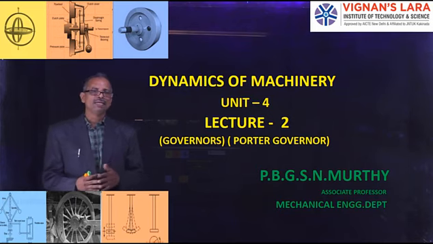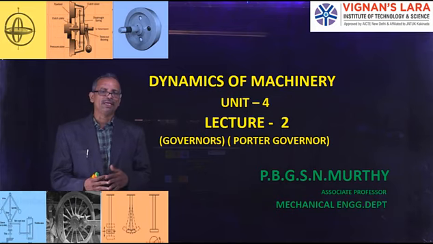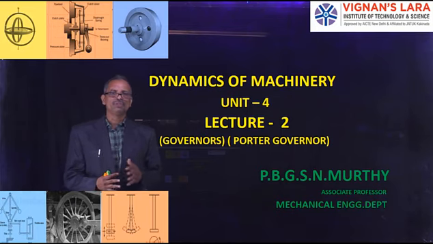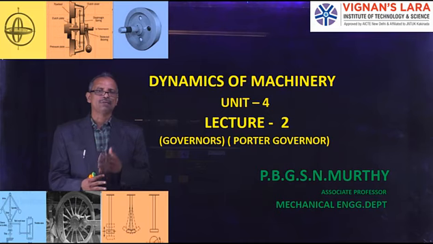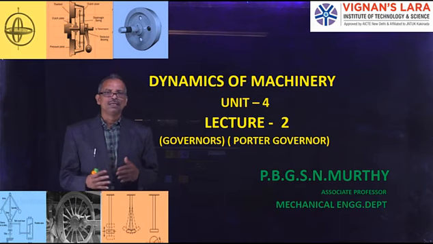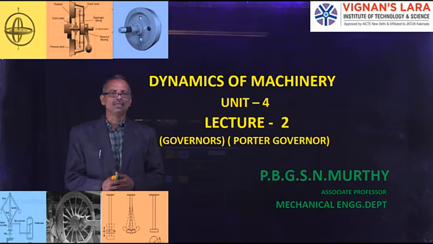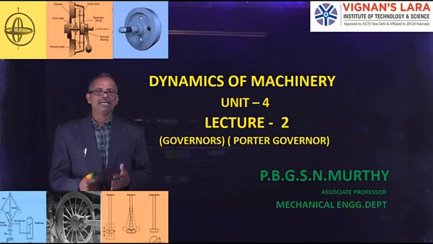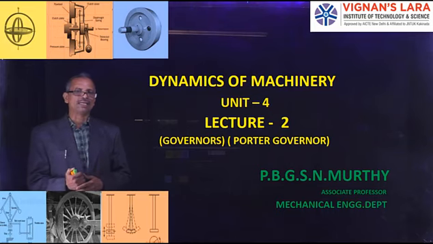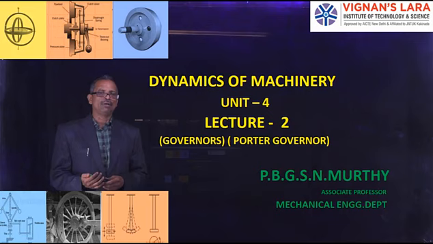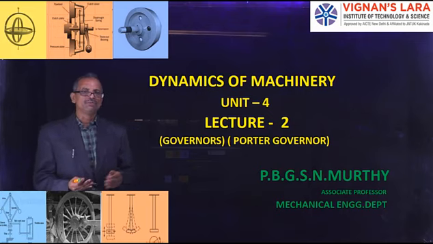Such fluctuations will be taken care of by a device called a flywheel, which we already studied in chapter number 3. Now, what is this governor, where does it work, and how are governors classified, and the basic Watt governor which we discussed yesterday.